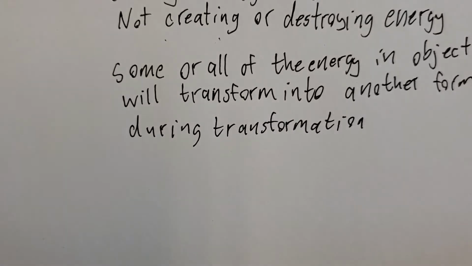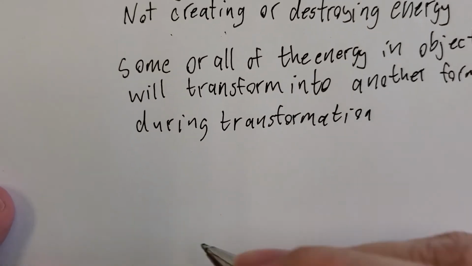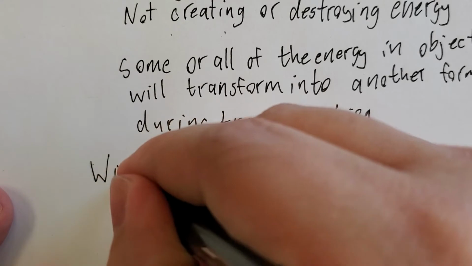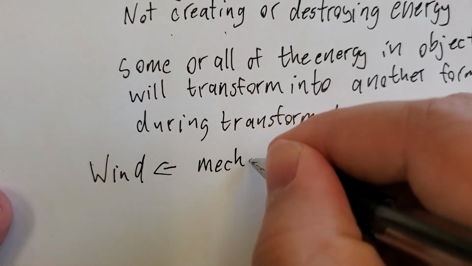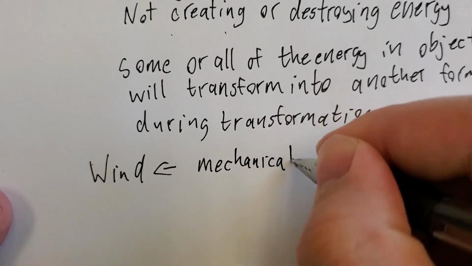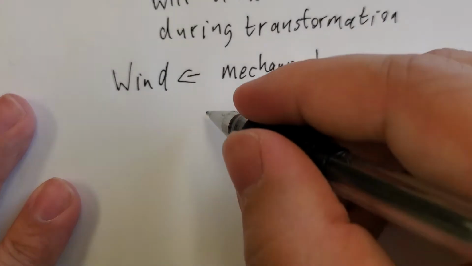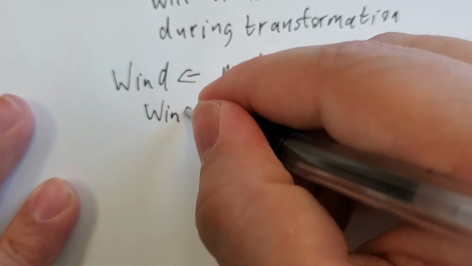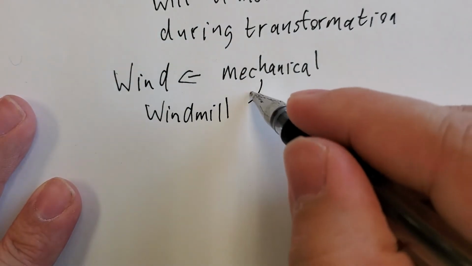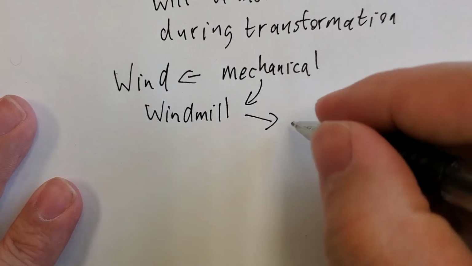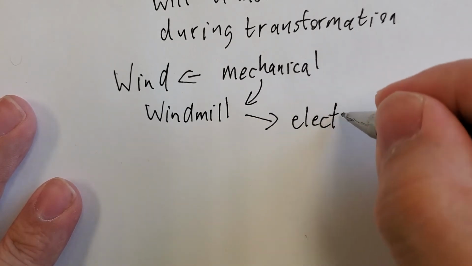Okay, some examples, right? If we talk about wind, wind is considered mechanical. If we have a windmill, this will turn your mechanical, it goes to the windmill, and then it comes out as electrical.